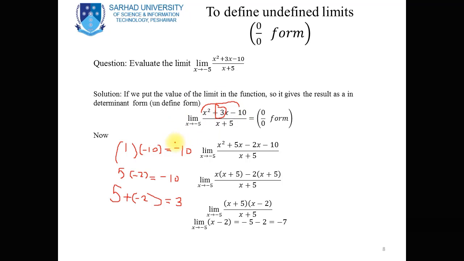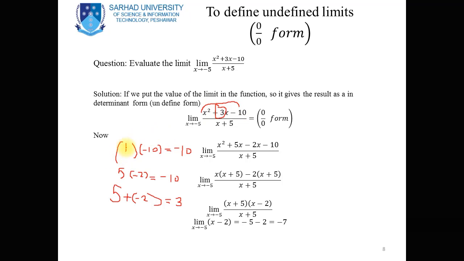Like you see over here in this problem we obtain minus 10. Now choose two numbers under the conditions that by adding the two numbers we obtain this term, and by multiplying the two numbers we obtain minus 10. I want to tell you again, for the factorization by sum and product, first of all multiply this first coefficient and this last term.